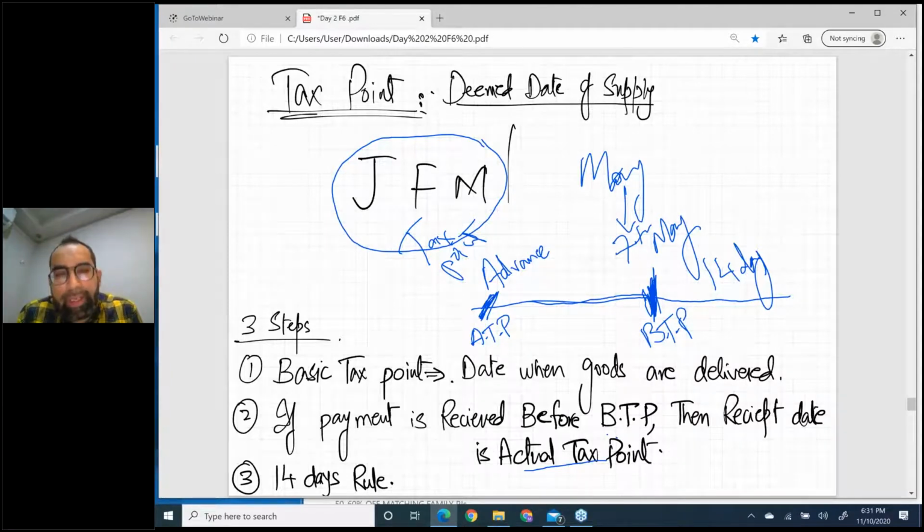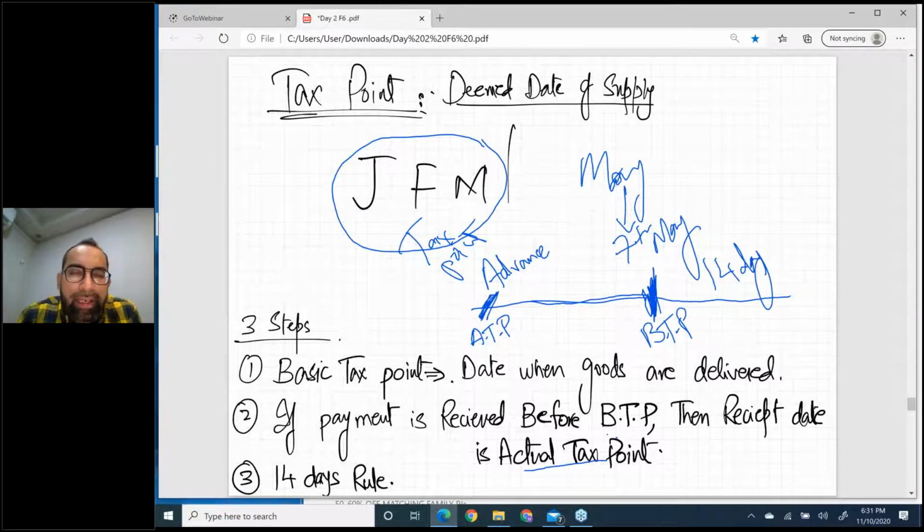I repeat. First of all, you have to check BTP. BTP, basic tax point, is the date when you deliver the goods. You mark it. Second thing, you have to check whether you have received any advance. If yes, then the advance receiving date will be your actual tax point for that advance amount.